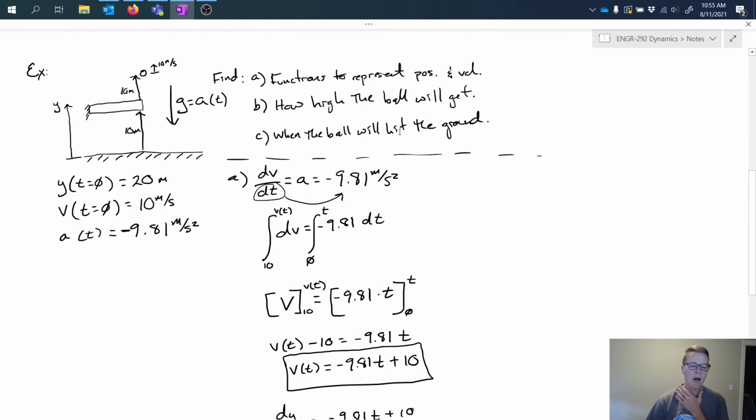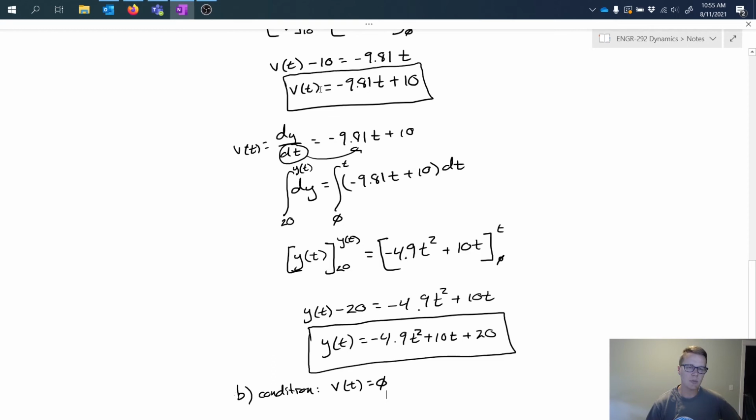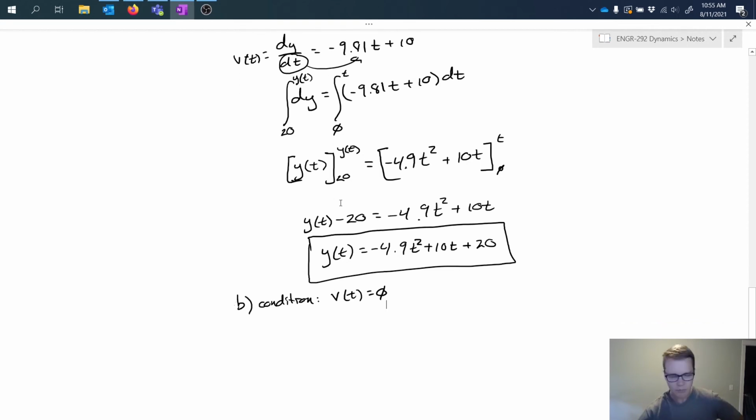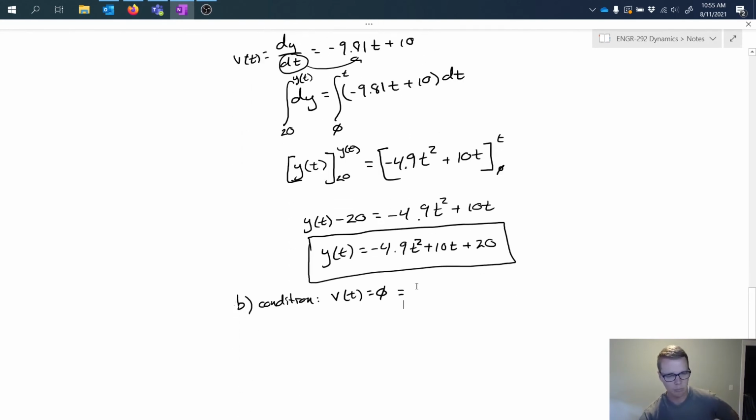Ultimately, we're trying to find how high the ball will get, which is position, y. But we don't have a function or an equation for y in terms of velocity. But what we do have is a function for y in terms of time, and we have a function for velocity in terms of time. So those are our two equations. So what we can do is go ahead and evaluate our velocity equation, which is negative 9.81t plus 10.